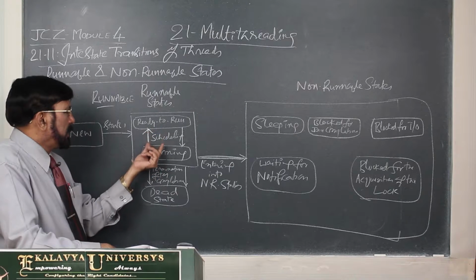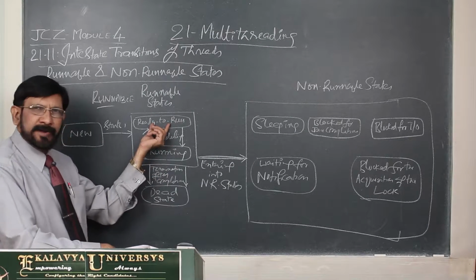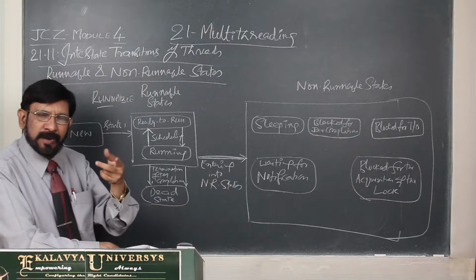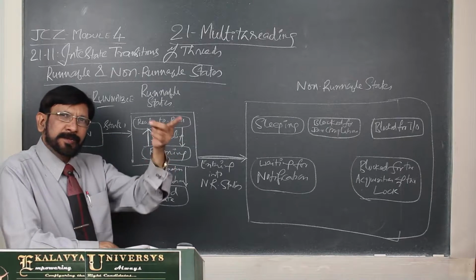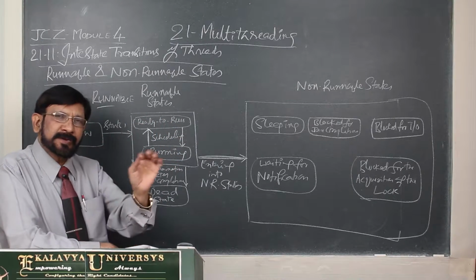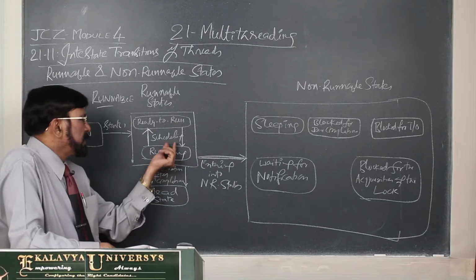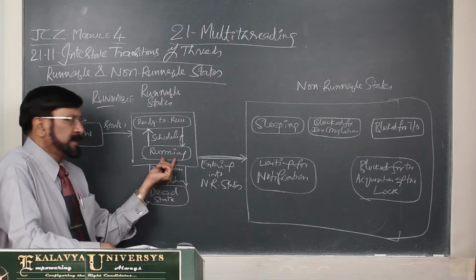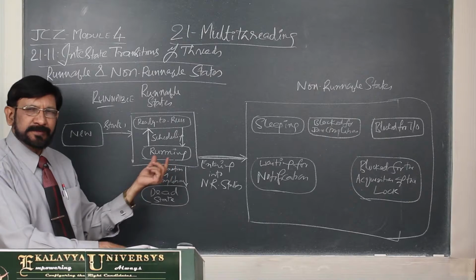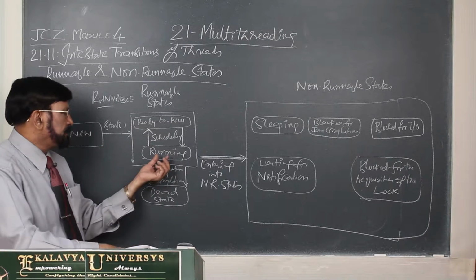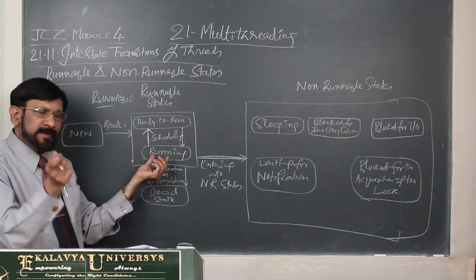So, whenever a thread is scheduled, what we call the thread scheduler dispatches a thread. That means it gives processor time to that thread. When it is scheduled, then it comes into the running state. That means it gets the processor time. Thereafter, it turns over.